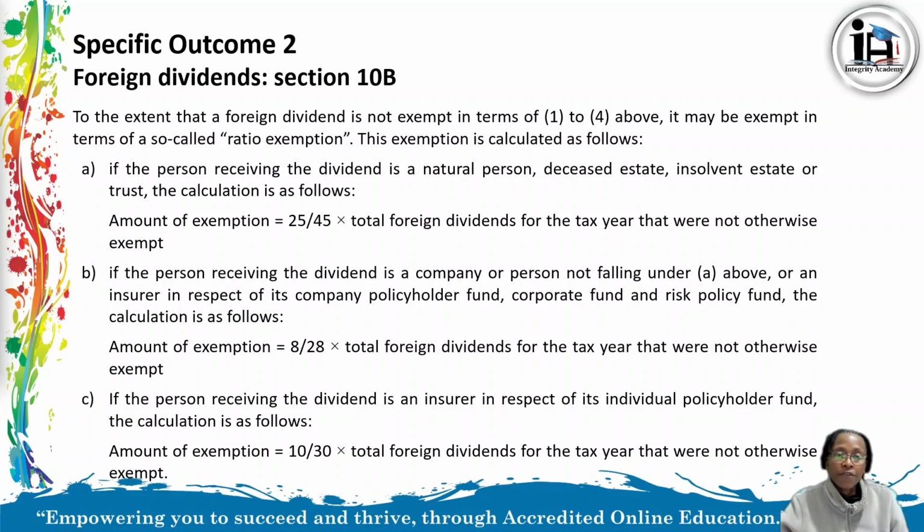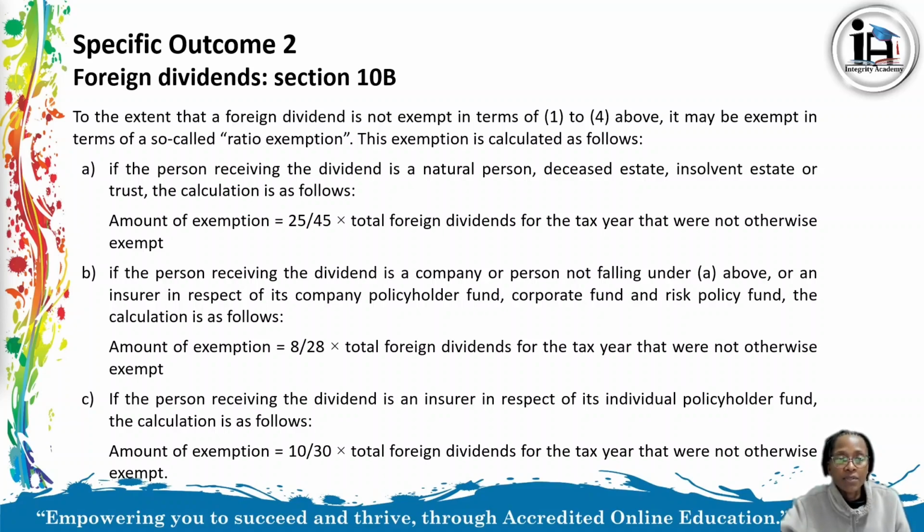To the extent that a foreign dividend is not exempt in terms of 1 to 4 above, it may be exempt in terms of a so-called ratio exemption. This exemption is calculated as follows. A. If the person receiving the dividends is a natural person, deceased estate, insolvent estate, or trust, the amount of exemption is 25/45 times total foreign dividends for the tax year that were not otherwise exempt.